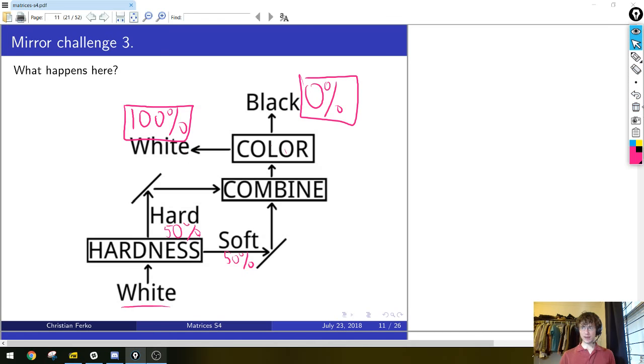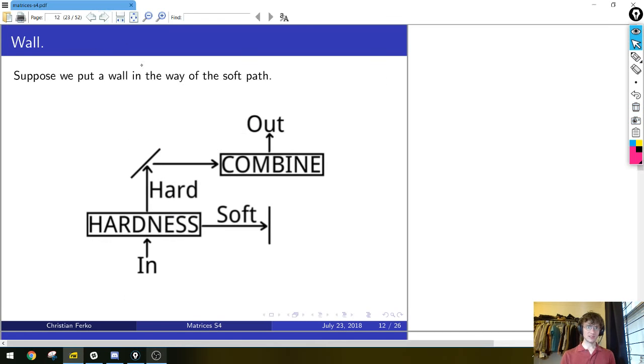So let's ask what happens instead if you put a wall. This time we're just going to literally put a brick wall in front of one of the beams coming out of the hardness box. Again, all of these are white. This is the same setup: all white electrons in, measure hardness, keep the hard electrons out of the top port, recombine those, and then measure color.